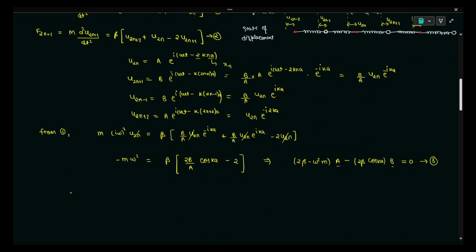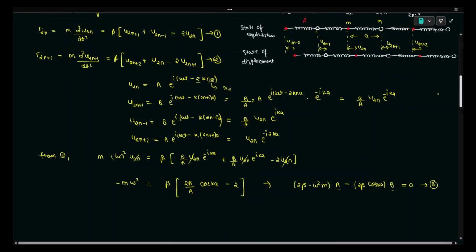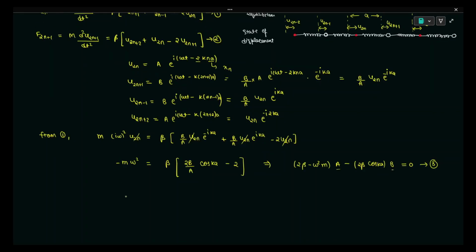And similarly, I can write this equation of motion for this capital M mass. So that will become capital M times iota omega square, then u 2n plus 1 will be equal to beta.